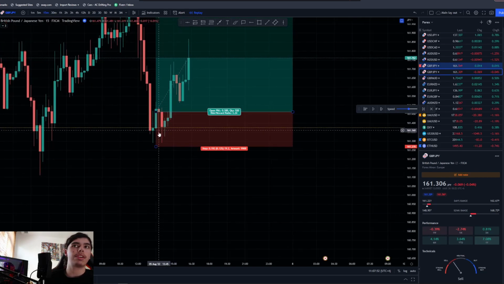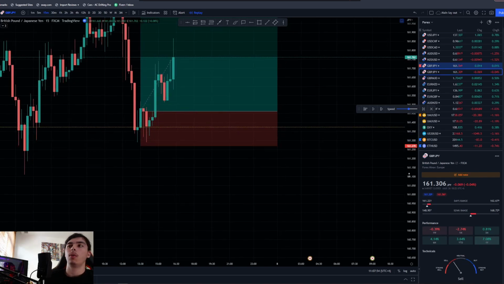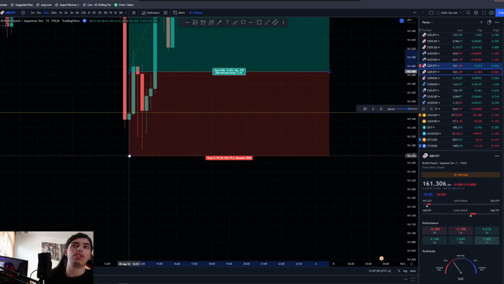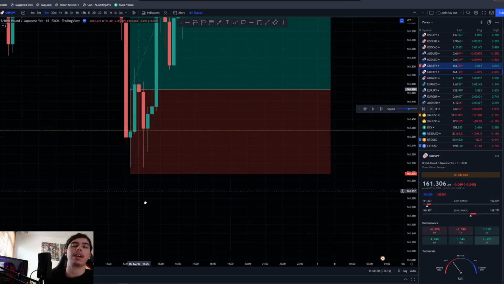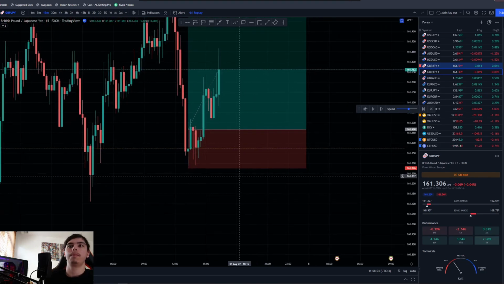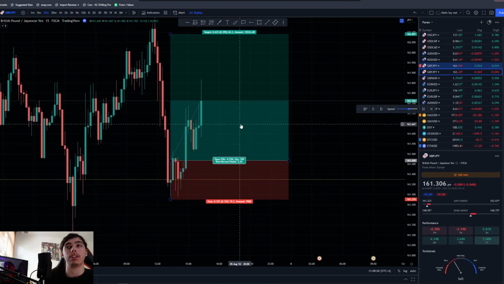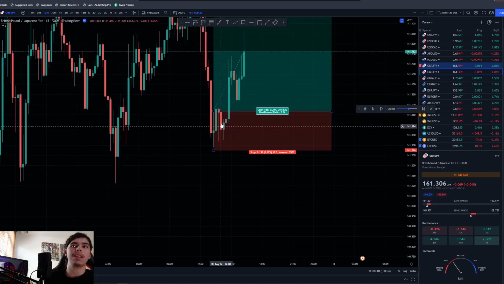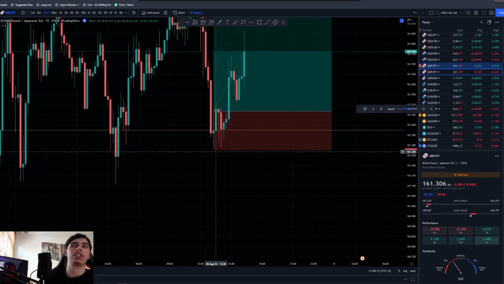So what did this create? It created a higher low. Where was the initial support? The rejection came here when this closed bullish, so your stop needs to go below this candle here. This was a simple retest and then continuation. So this is how you enter on this. You can keep a tight stop. Instead of keeping it below this low, you can keep it tighter, but make sure it's below the rejection candle.